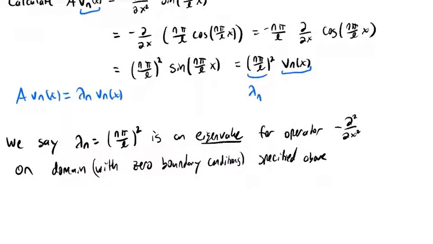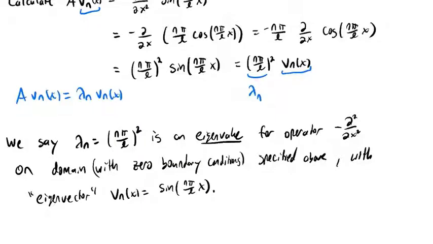Right, so we say lambda n, this value n pi over L squared, is an eigenvalue for the operator minus the second derivative with respect to x on the specified domain with eigenvector, in quotes, Vn of x, which is equal to sine of n pi over L times x.